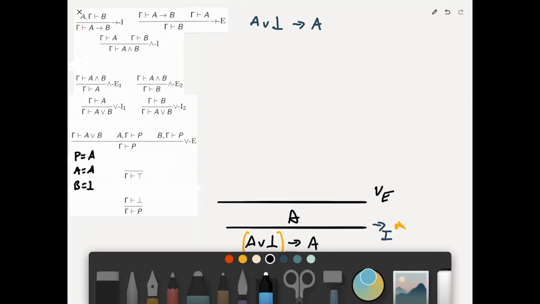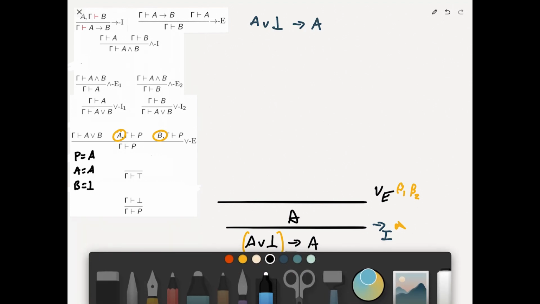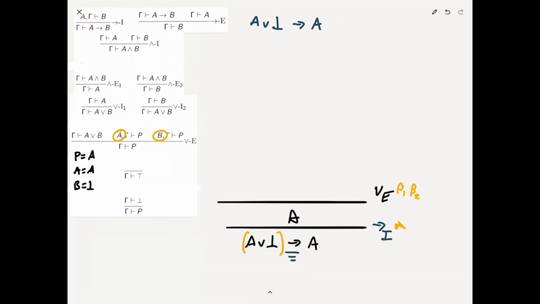And the two assumptions that I'm going to introduce, the assumption in this rule and the assumption in this rule, I'll call beta 1 and beta 2. Right? So I'm not writing them out in the entailment relation because it's a bit too long. Instead, I'm just giving them names, and we'll see how this works.